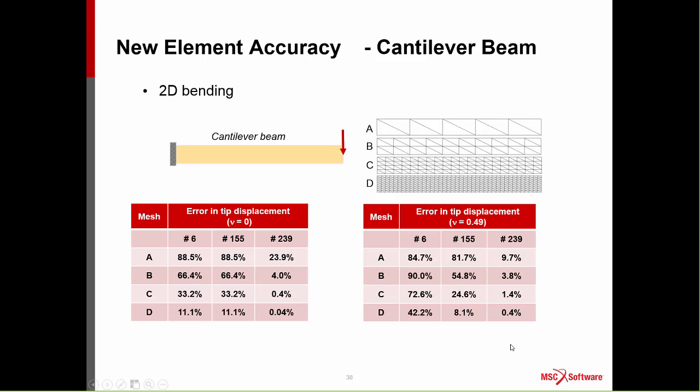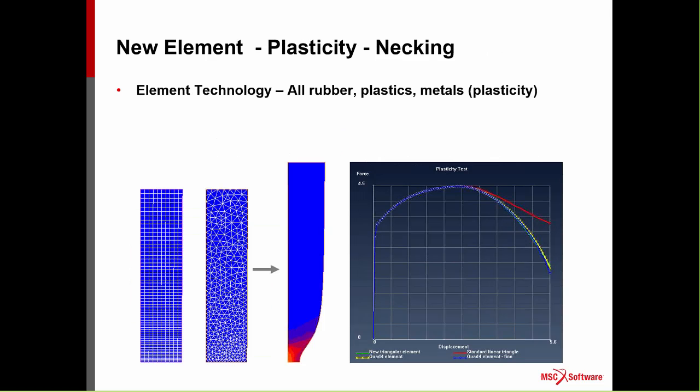And with this new element, again, we can see that we get much better results at every mesh than what we did before, and we capture the incompressible nature of rubber analysis, Ogden or Mooney, or any of them, or we capture incompressible plasticity. So this is always one of these traditional test problems.